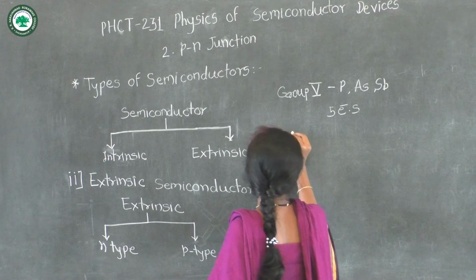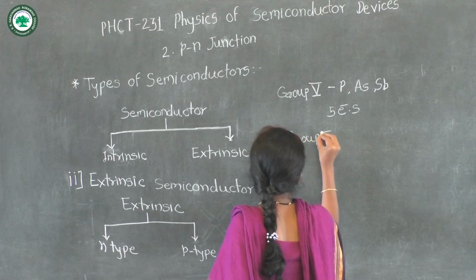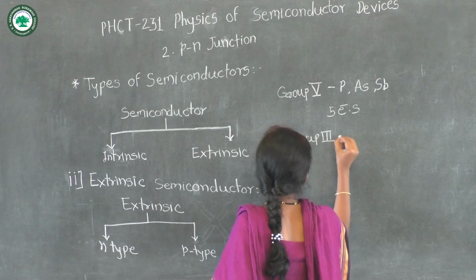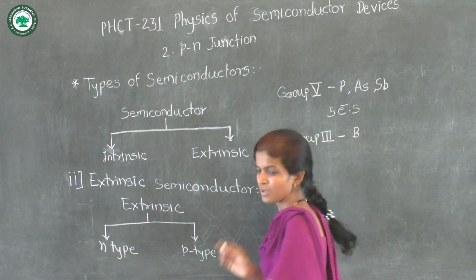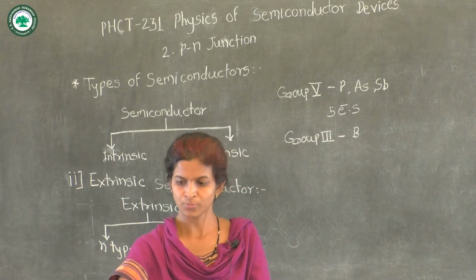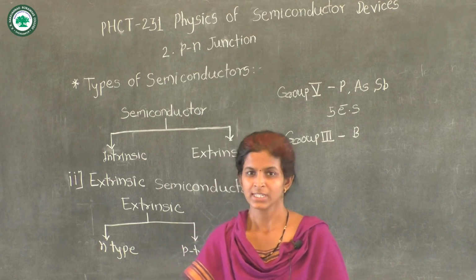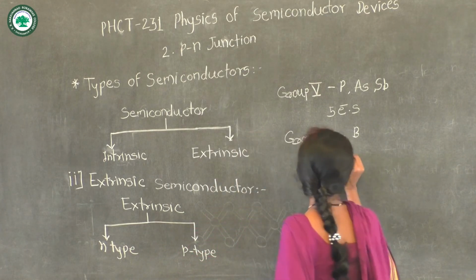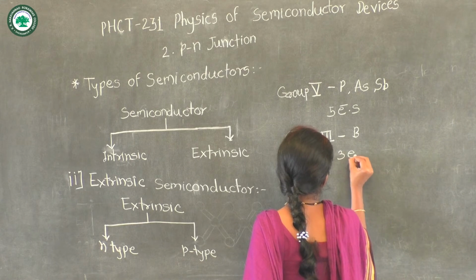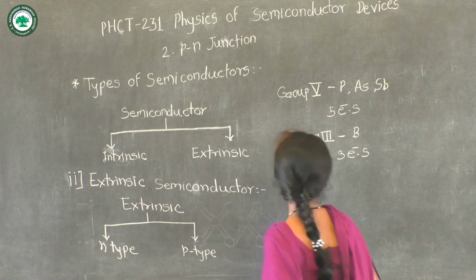group 3 impurity, the example is boron. Boron is the well-known example of group 3 impurity, in which there are 3 electrons in the valence shell or valence orbit.